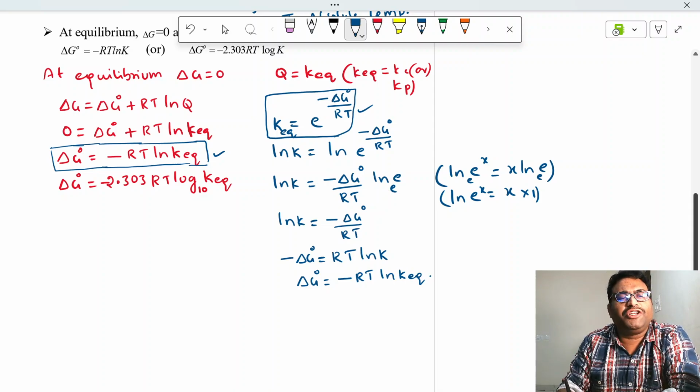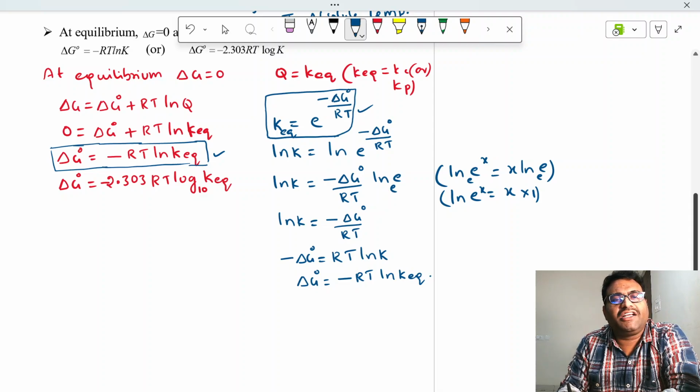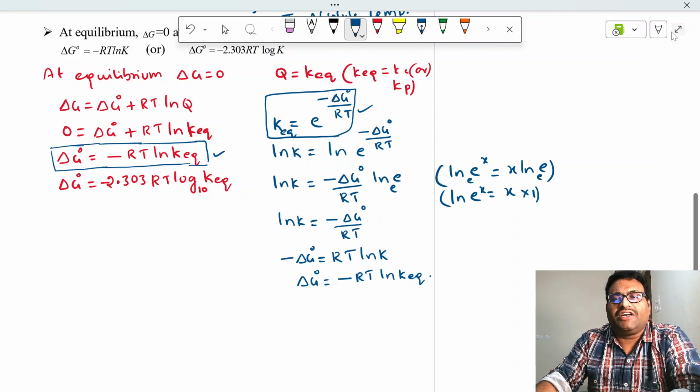Delta G naught is equal to minus RT log K equilibrium. This is base e. If you convert it into base 10, then delta G naught is equal to minus 2.303 RT log of the equilibrium constant, base 10. Understood? Okay. Next, let us see.